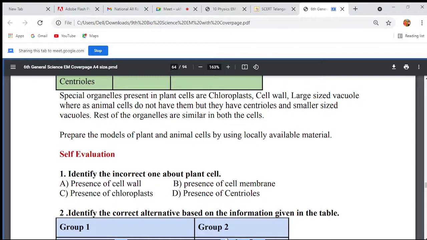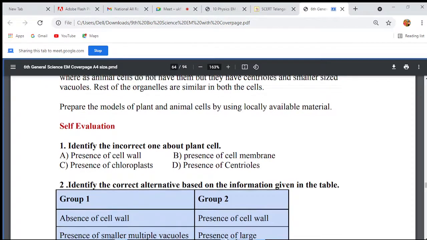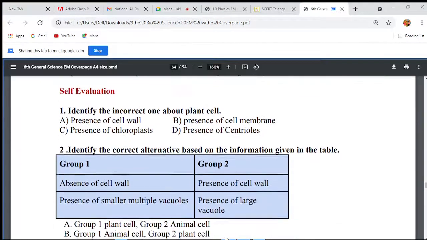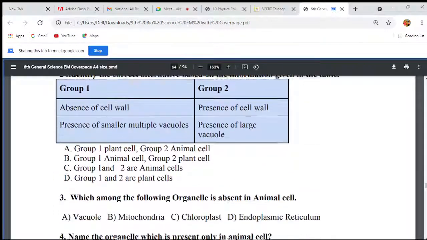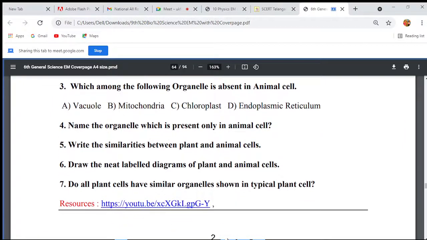We have made the models of plant cells and animal cells by using locally available material, and this is the self-evaluation which you can complete in your homework. Okay, now you can watch the video.